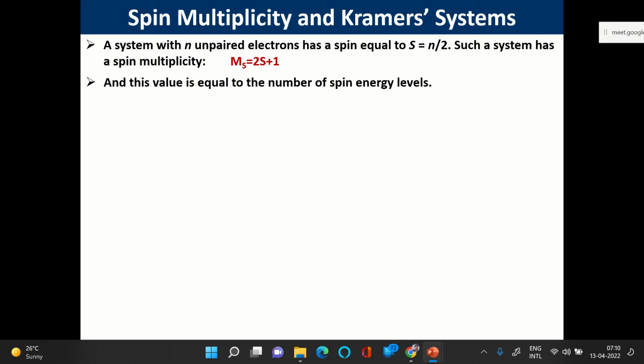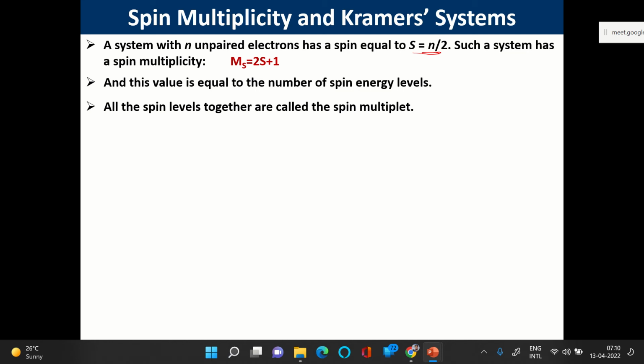So spin equal to n by 2 has some special characteristics, and that feature we are going to discuss. If there's multiplicity, spin multiplicity, what does it mean?